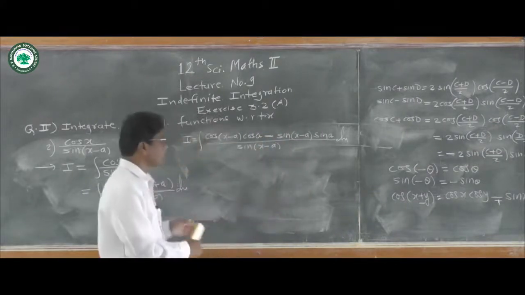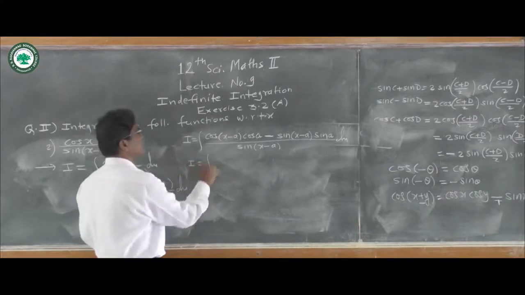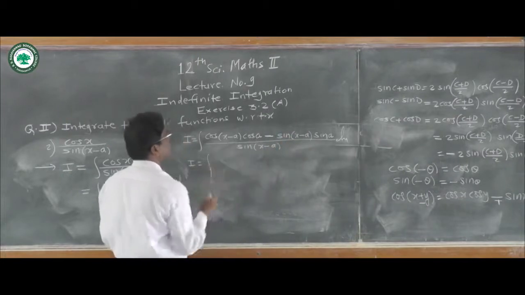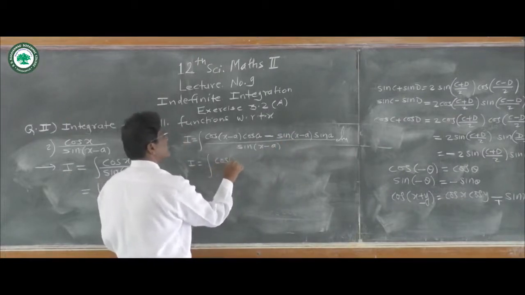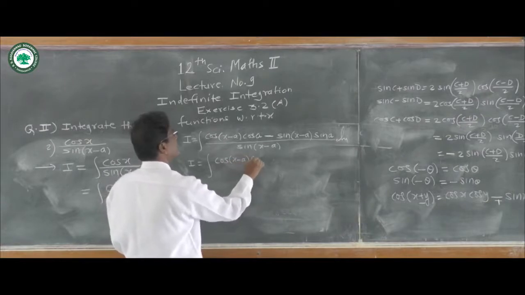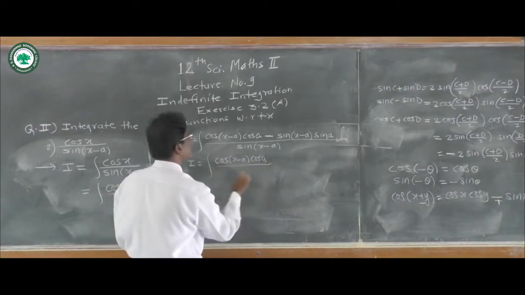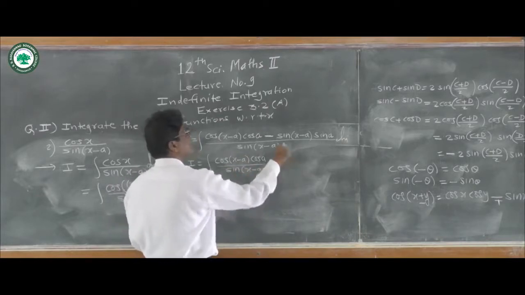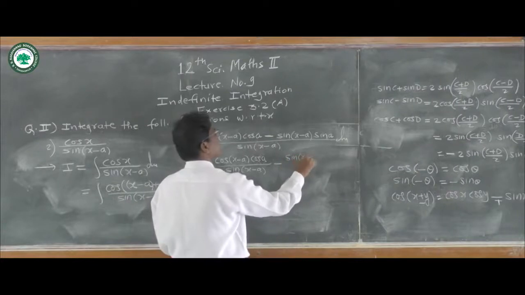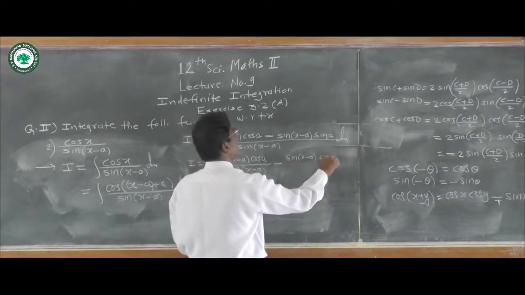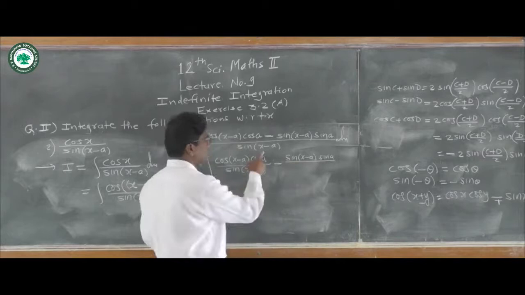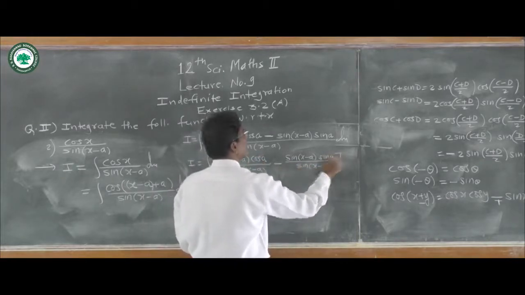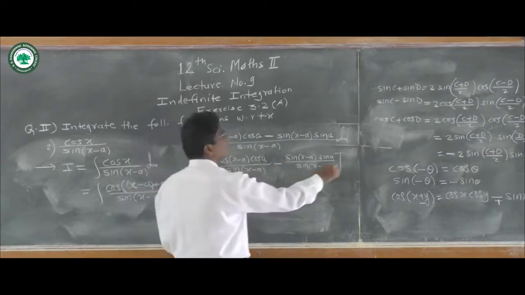So we get cos of (x minus a) cos a divided by sin of (x minus a), minus sin of (x minus a) sin a divided by sin of (x minus a), in a square bracket, dx.